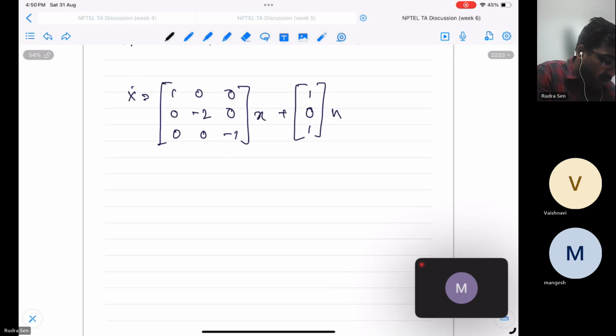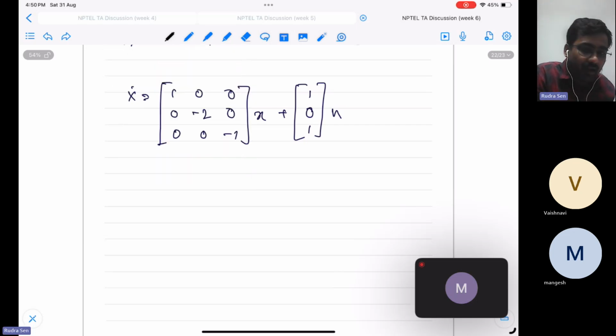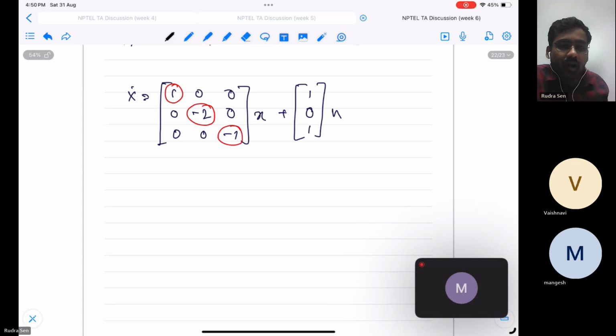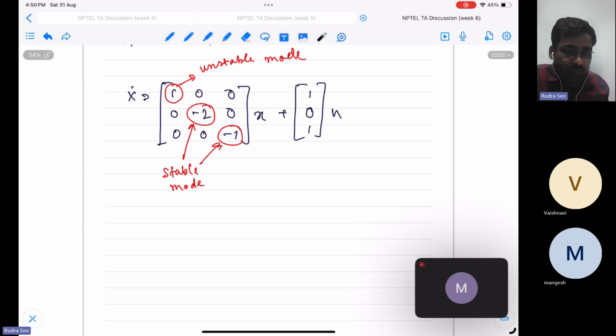Here you can see that this is a diagonal matrix, so these are the eigenvalues. This is an unstable mode. This is a stable mode, and this is also a stable mode. The unstable mode has a control input.